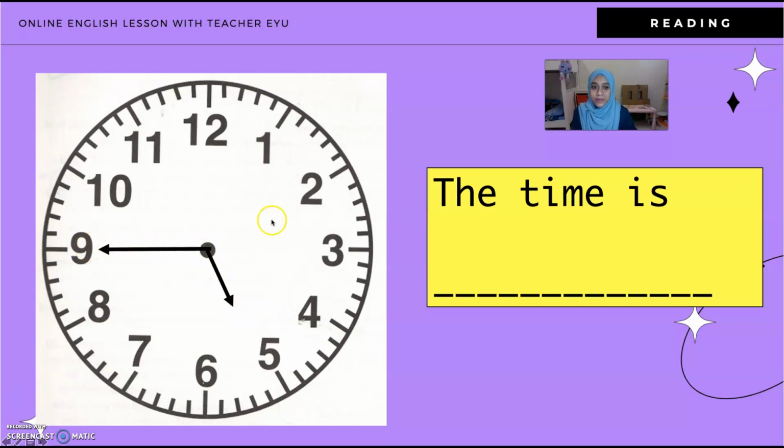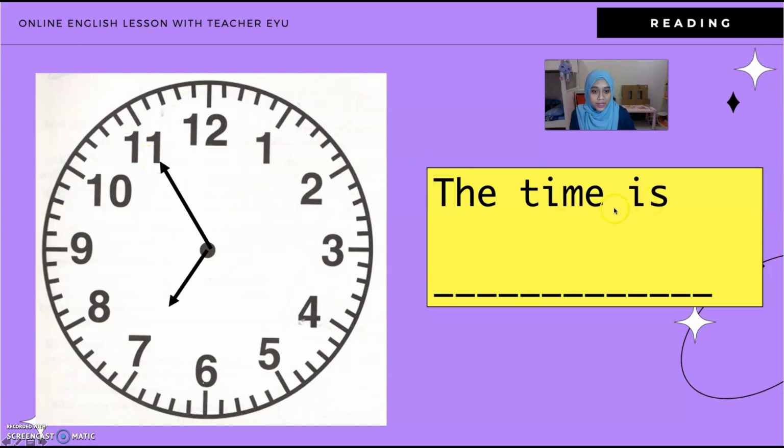Next. The hour hand to 5 and the minute hand to number 9. So, what's the time? The time is 5:45 AM or PM. Next, the hour hand shows to number 7 and the minute hand shows to number 11. So what's the time?